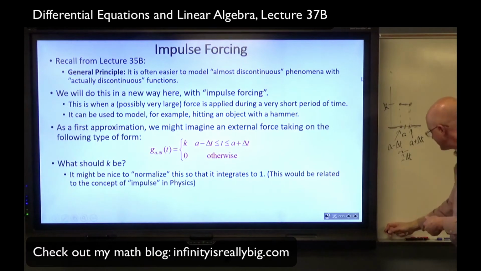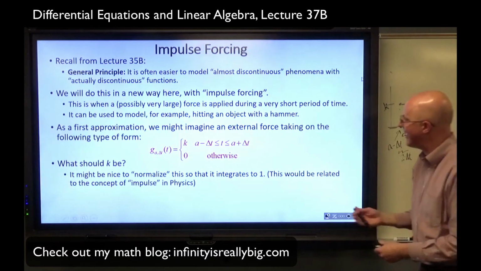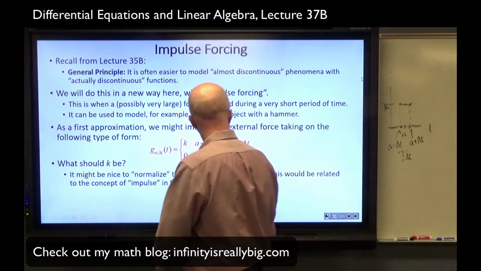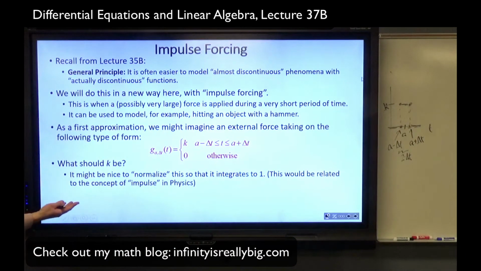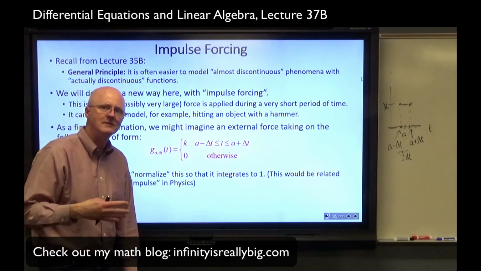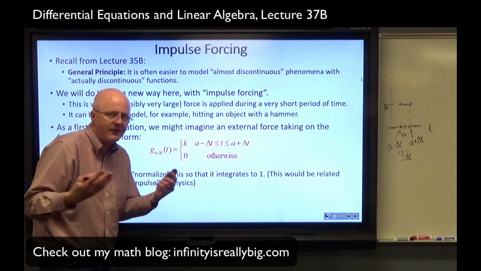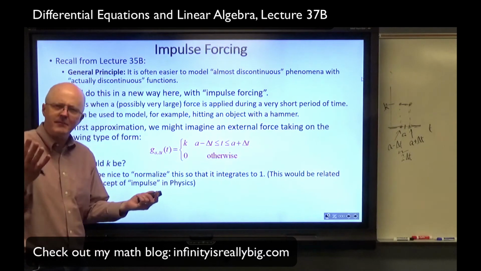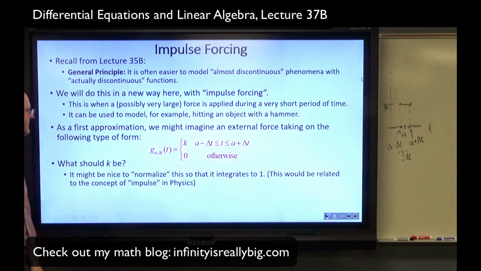Without worrying about the physics of it, and whether it accurately models something, it might be best in our initial modeling to pretend this integrates to 1. This is going to be related to the concept of impulse, because the integral of the quick impulse forcing is called the impulse. And if I remember correctly, I think it represents the total change in momentum of the object.